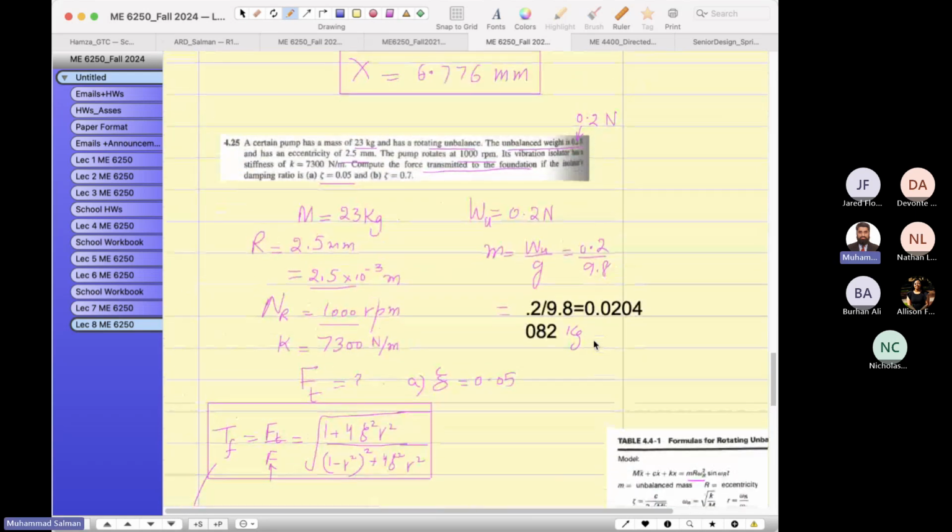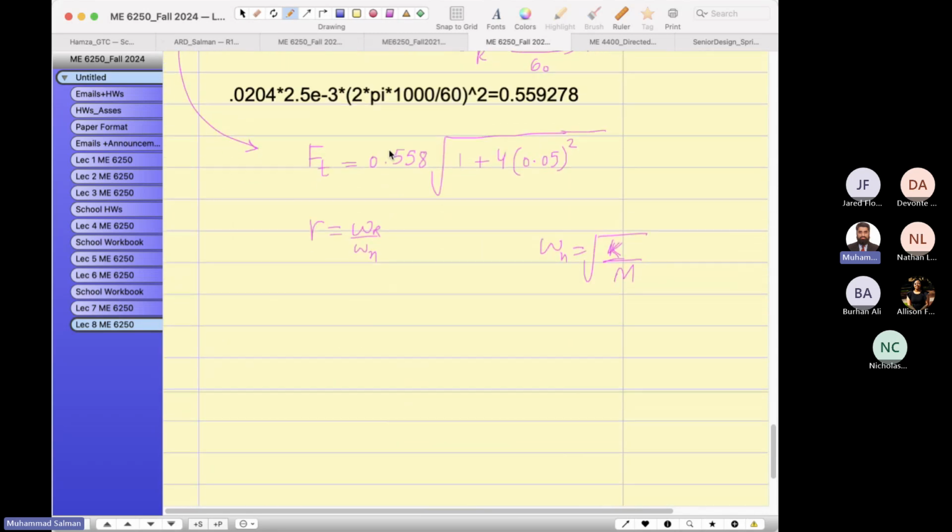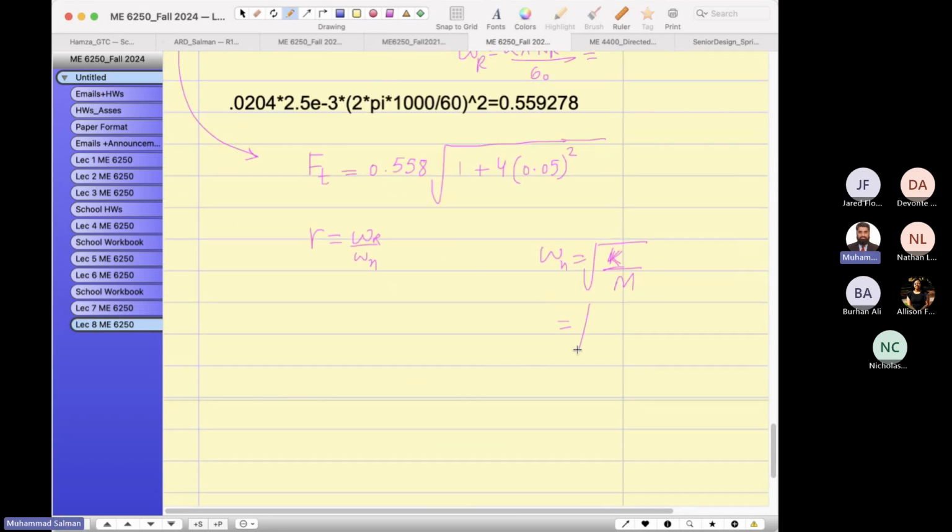Do we have the stiffness? Yes, we have the stiffness value 7300 and the mass of the pump is 23. What do you get? Can you open your scientific calculators? And in the meantime, I will do the math.